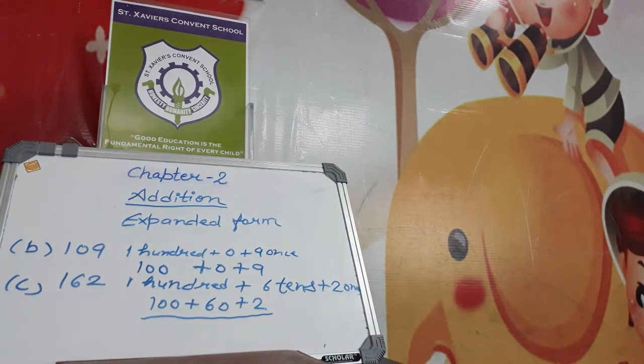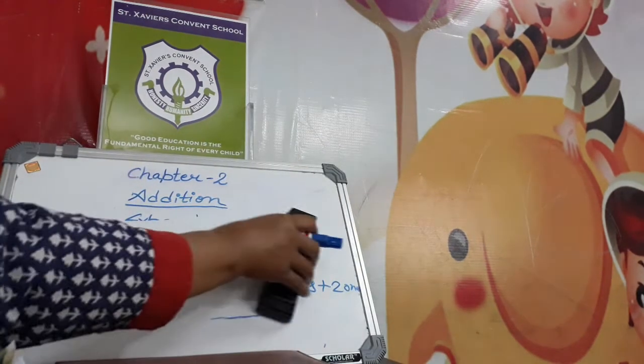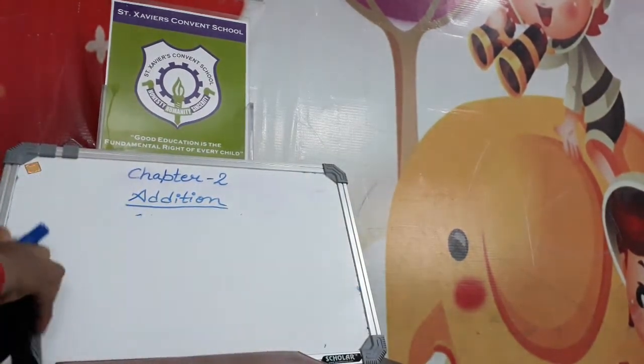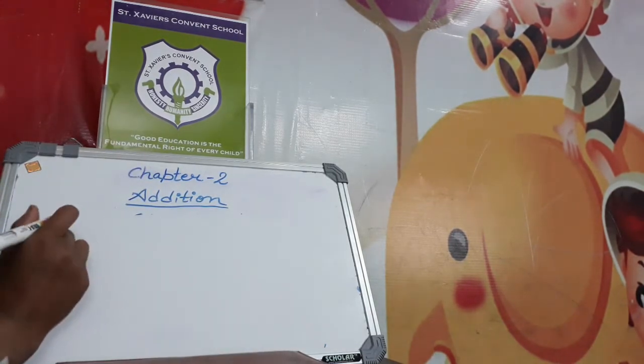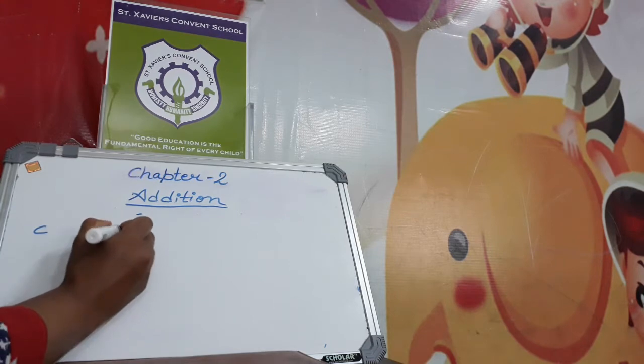Do all questions in your book and see fill in the blanks. A is done for you and B is also done for you. Now look at the C. 50 plus 3.